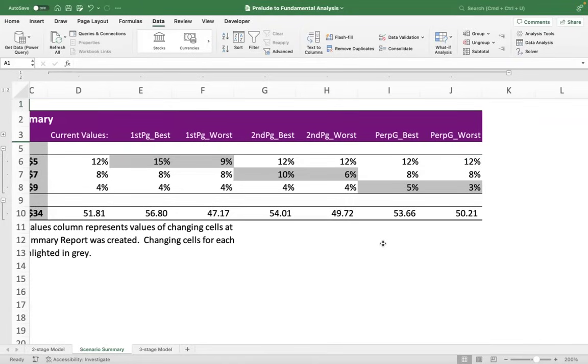Second phase growth, if it is not 8%, if it is 10%, intrinsic goes up to 54. If it is 6%, it drops down to 49.72. If my perpetual growth goes up to 5%, intrinsic goes up to 53.6. If it drops to 3%, intrinsic valuation drops to 50.2.